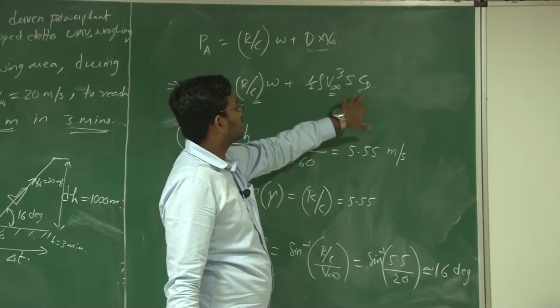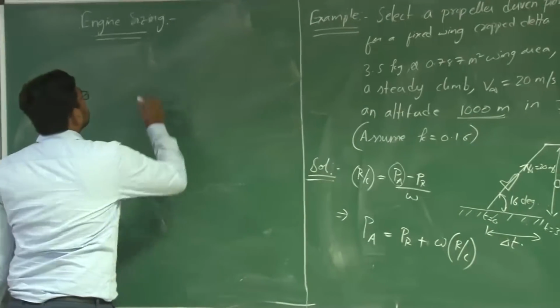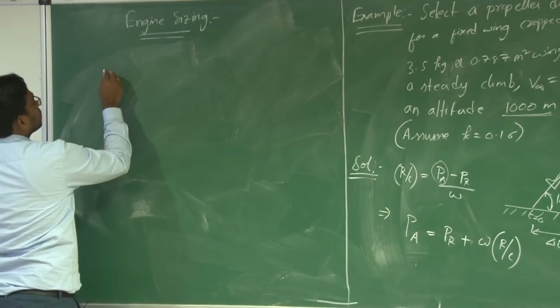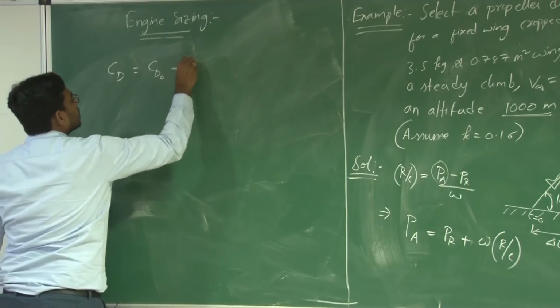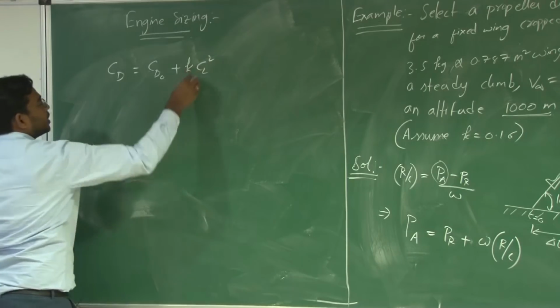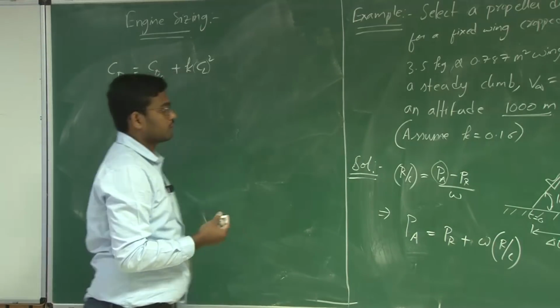So that is drag into velocity, right? So what is CD? How do you get CD? CD is equal to CD naught plus K into CL square, right? So we need to know what is the corresponding CL for this flight condition, right?